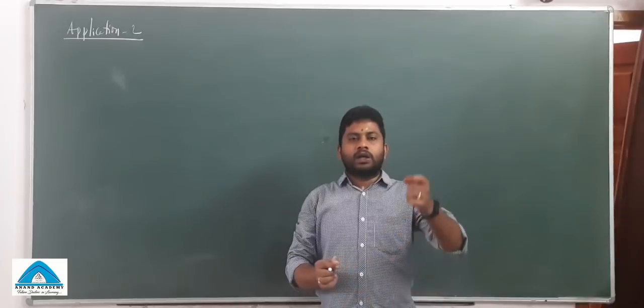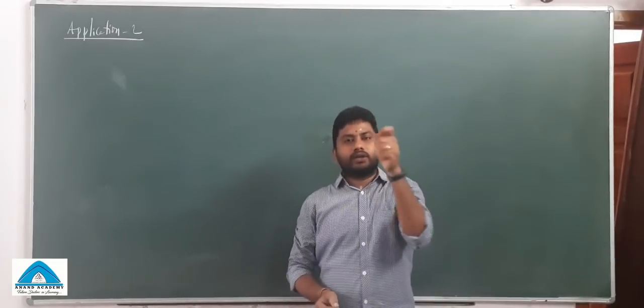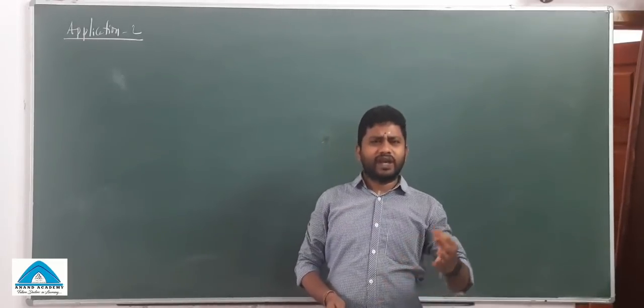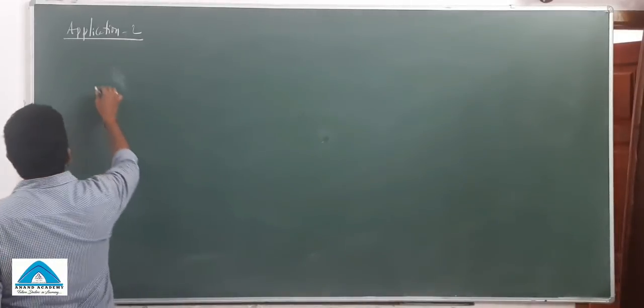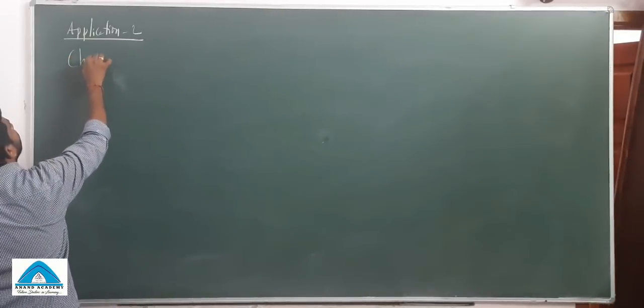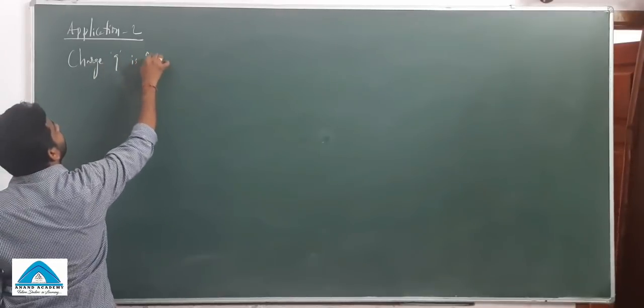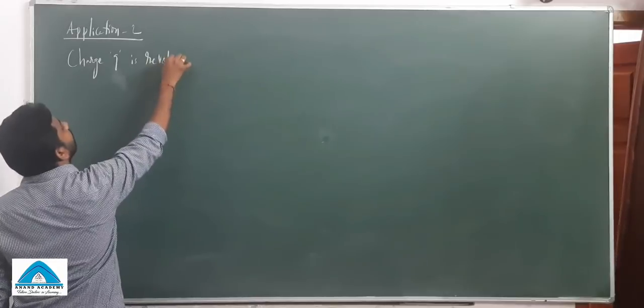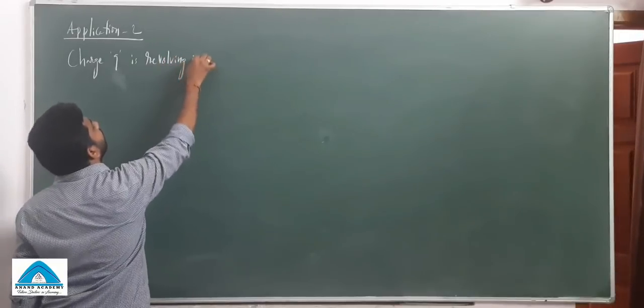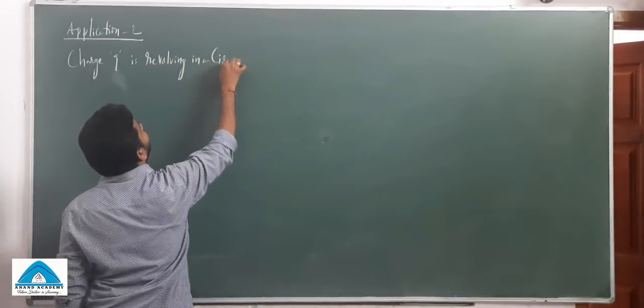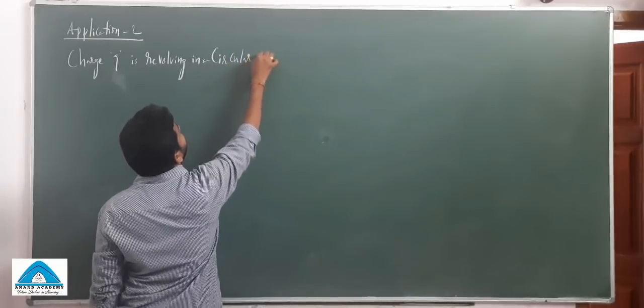In this application, through a circular coil, there's no current flowing here. So they have just given that there is a charge small q revolving in a circular path. So that's the case given.